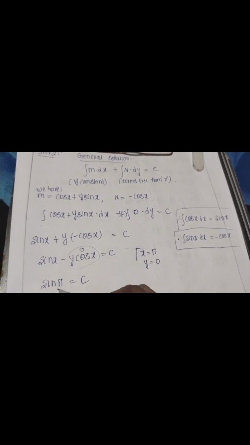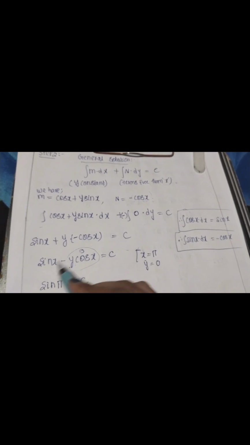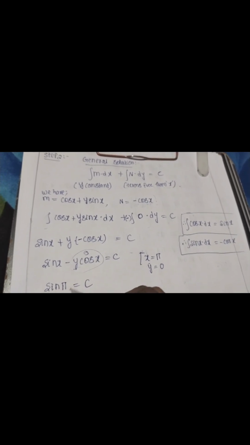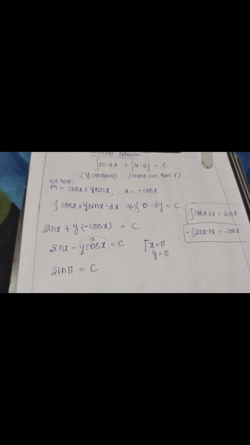So sin x minus 0 is sin pi minus 0. As we are substituting x as pi, sin pi equals c. So now we have got the c value here.